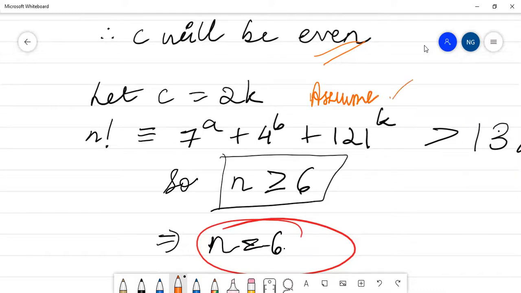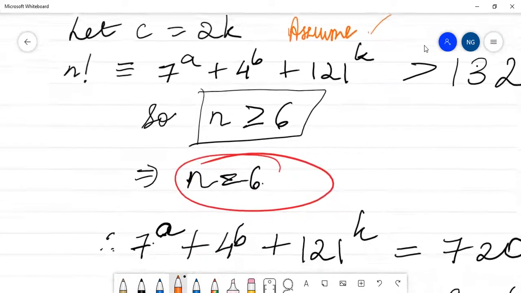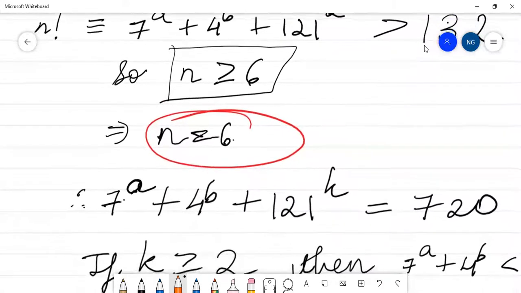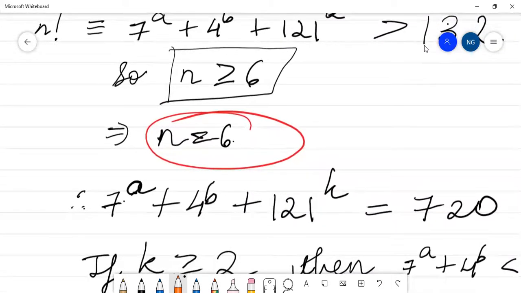Which means that n factorial is equal to 7 raised to a plus 4 raised to b plus 121 raised to k, which is greater than 132, as 7 plus 4 plus 121 is 132. So n factorial will be greater than 132, meaning that n will be greater than or equal to 6.